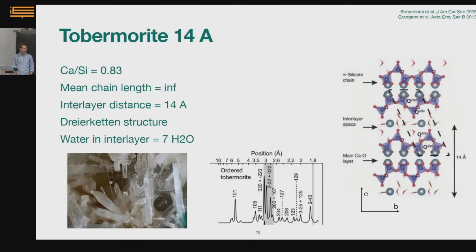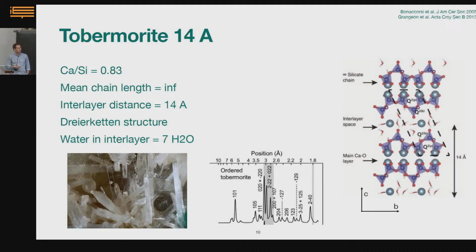So to understand the atomic level structure of CSH, we first need to go to tobermorite, which is a naturally occurring mineral with a calcium silicon ratio of 0.83. It's kind of a clay. So you have the main layers, which are separated by interlayers, and they're stacked.